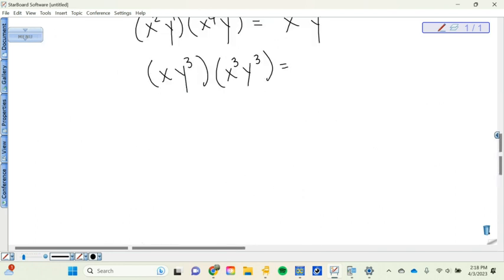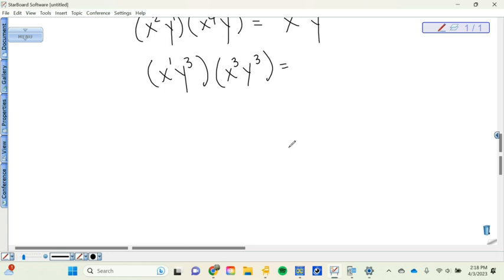Okay. So what do I do for this one? x y cubed times x cubed y cubed. What do I do when I'm multiplying with exponents? What do I do with the exponents? What's the invisible exponent on this first x? Hey, stop the side conversation.